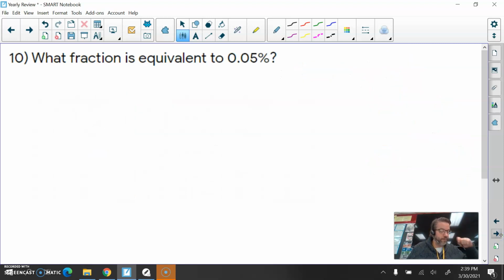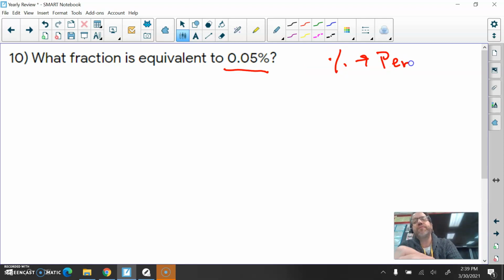All right, number 10. What fraction is equivalent to 0.05%? Ooh, we have to be really careful on this one. What does percent mean? Percent means per 100.